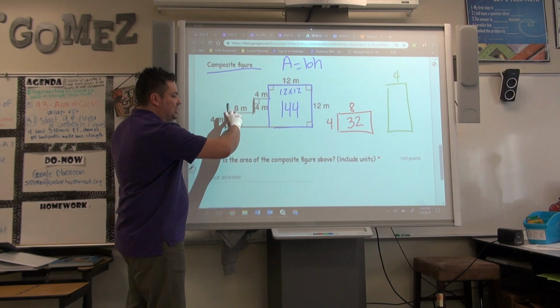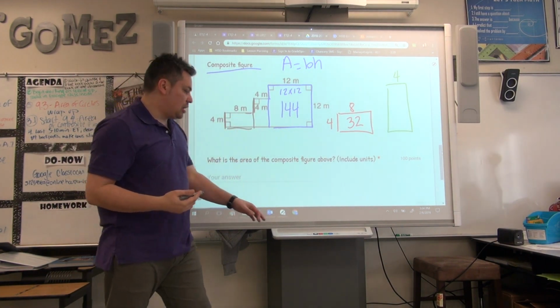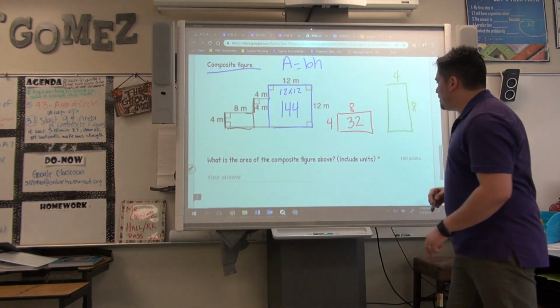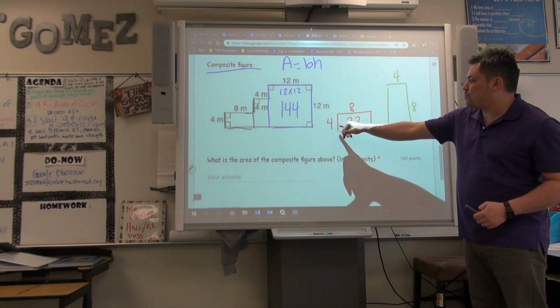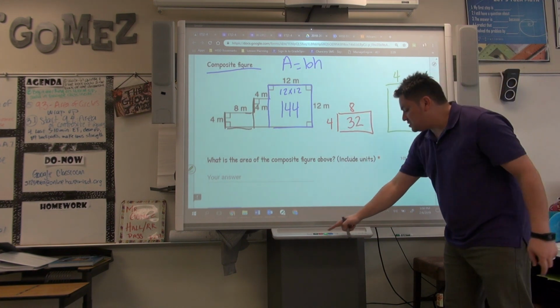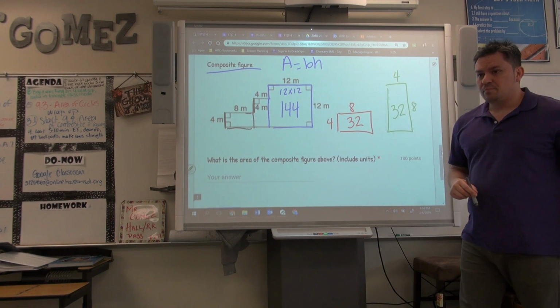If I were to move this line over here, 4 and 4 gives me a total of 8, which is going to be right here. Now, as you can see, this is not proportional, because this is also a 4 by 8, and I already did it once, so I know 8 times 4 is 32.